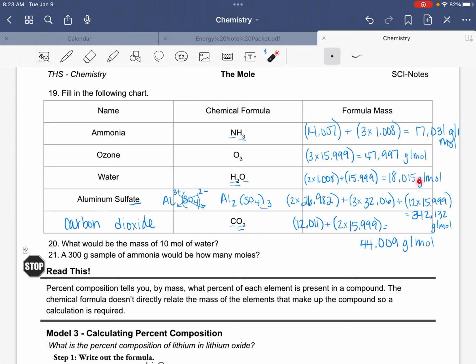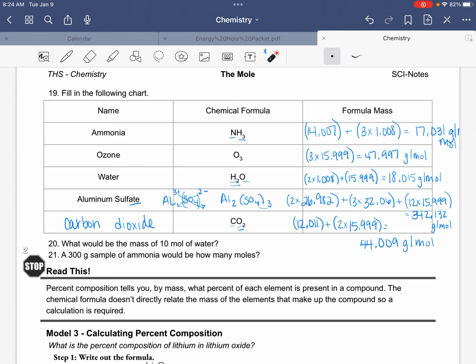For question 20, it says, what would be the mass of 10 moles of water? Here we solved for the formula mass of water, and the formula mass is 18.015 grams per 1 mole. So if this is the mass of 1 mole, I would just have to take my formula mass times 10 in order to solve for what the mass would be.